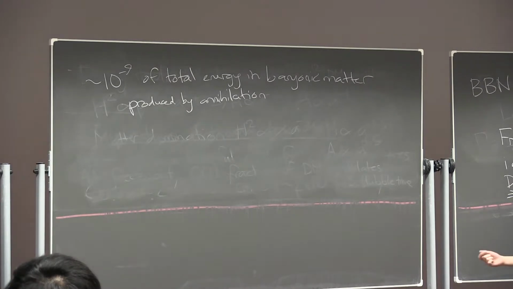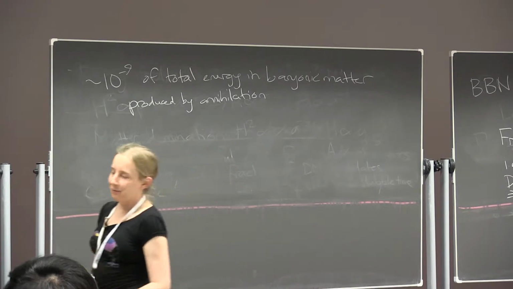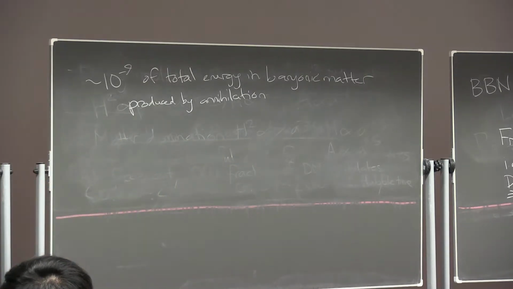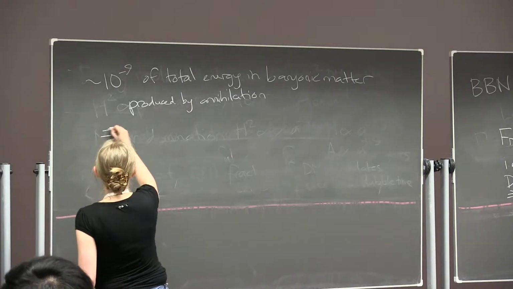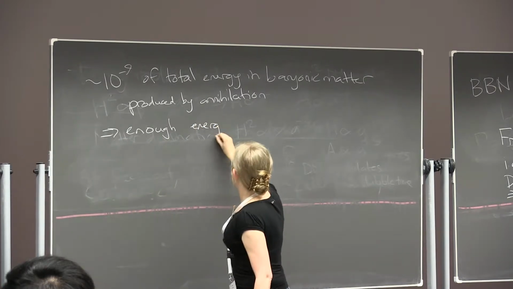What's the ionization energy of hydrogen? Yeah, 13.6 eV, which is 10 eV at the order that I'm working. So what this tells us is that this is enough energy to ionize 10% of the hydrogen in the universe.